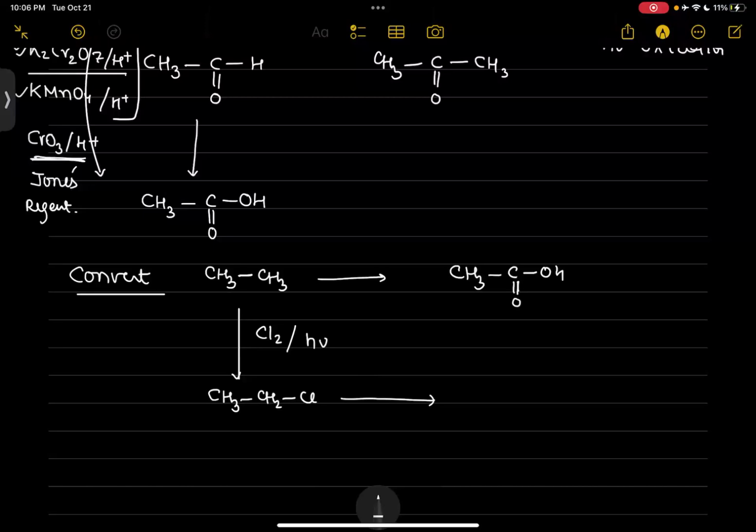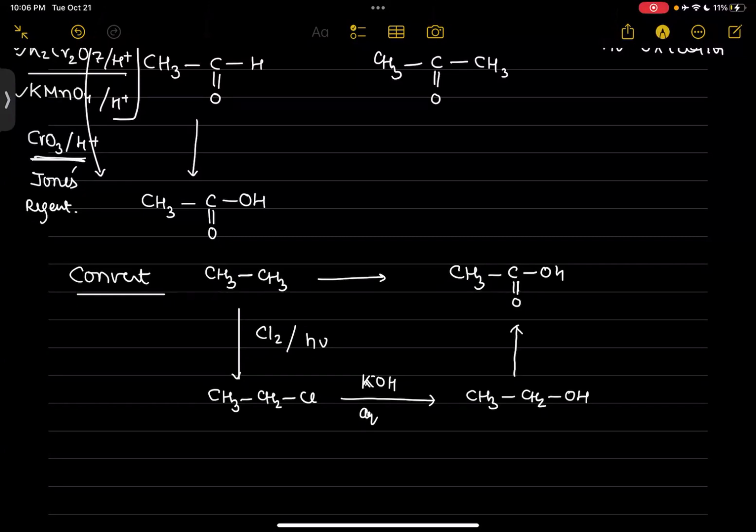Use aqueous KOH. Jaslene, are you getting my point? Carboxylic acid has many oxygens, so at least get one OH. Make it an alcohol, but to get an alcohol, you need first chlorine, which can be substituted by aqueous KOH substitution. Is this clear or not?